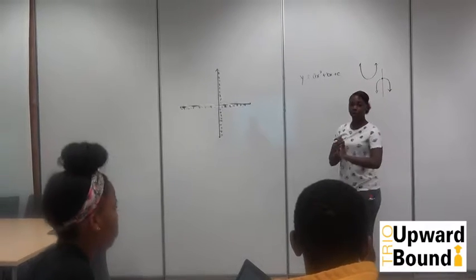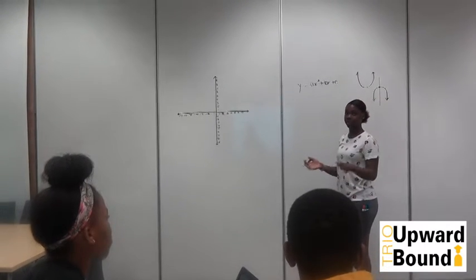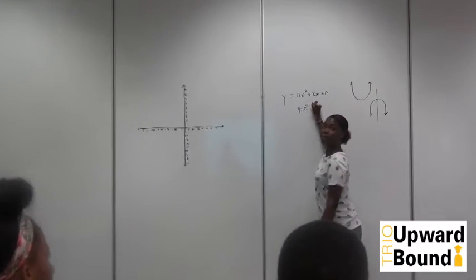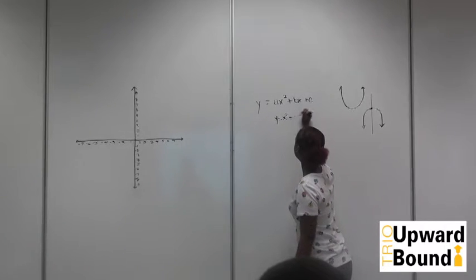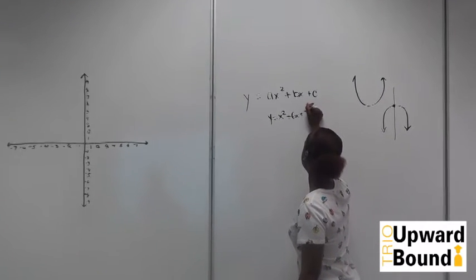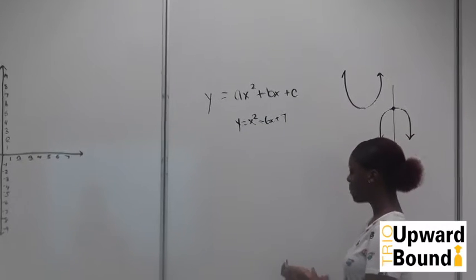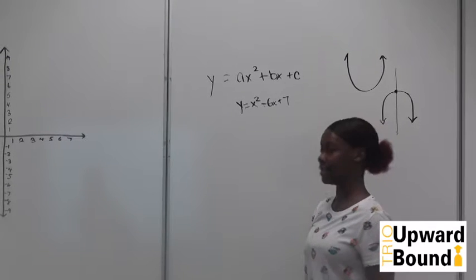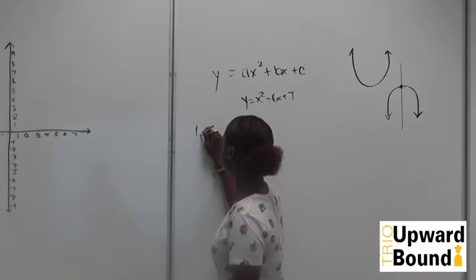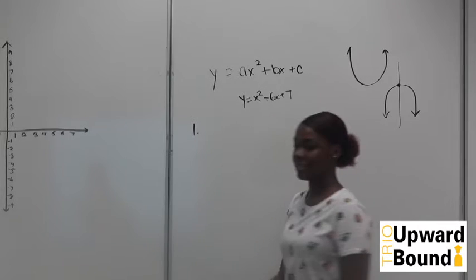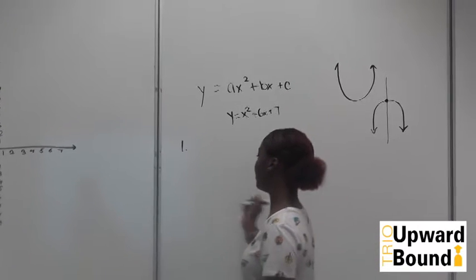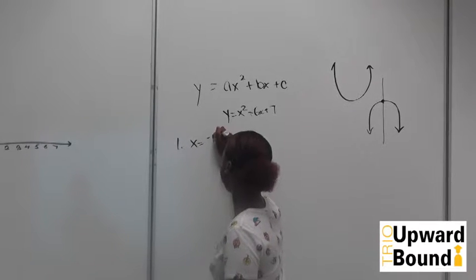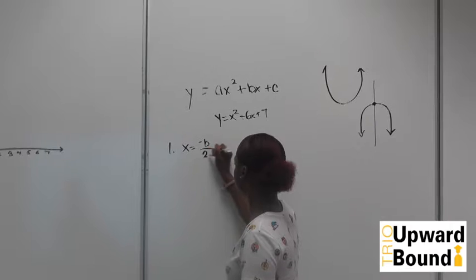So, the equation we're going to be using to show an example for this is y equals x squared minus 6x plus 7. So, step 1, we're going to find the axis of symmetry, and you find that by using x equals negative b over 2a.